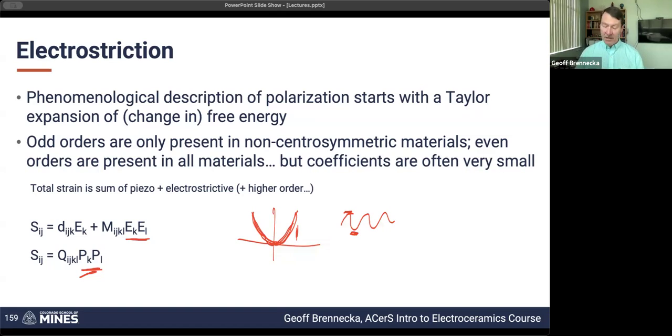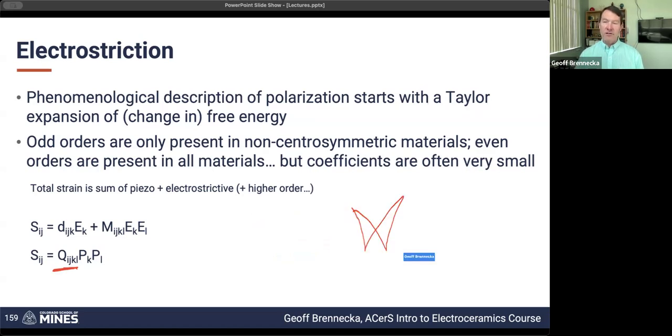We can get the exact same thing in these relaxor materials and others, but the relaxors are the ones where the values are large enough to matter. They have really, really large electrostrictive coefficients. And so that gives us a contribution where we get the piezoelectric butterfly loop plus an electrostrictive loop.